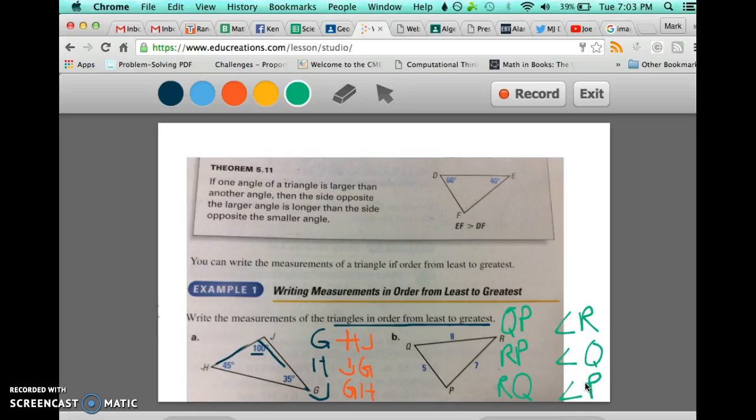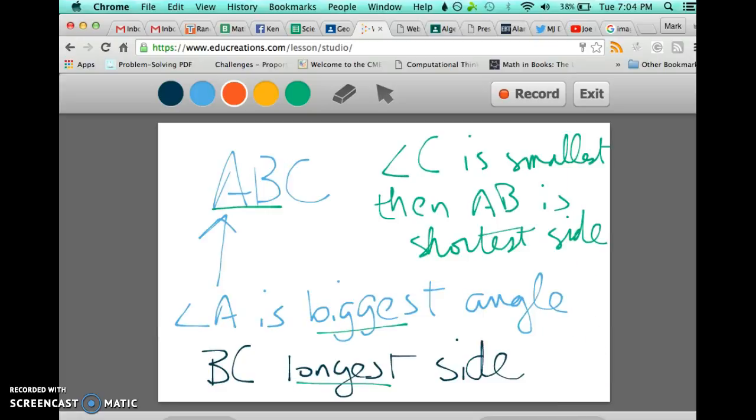Now, one thing you might notice when you're looking at this is that you can identify the opposite by just noticing the letter that doesn't get mentioned in the side. See how R is not part of QP. So QP, it's the one that uses the two letters. So this way, you can actually come up with some answers without even looking at the triangle. And I made an example like that here.